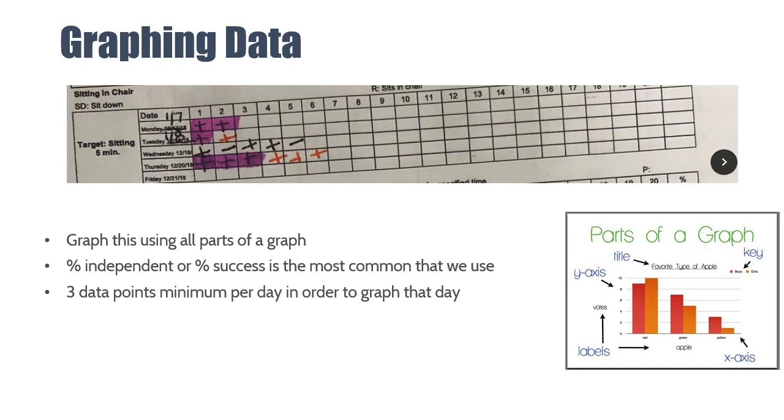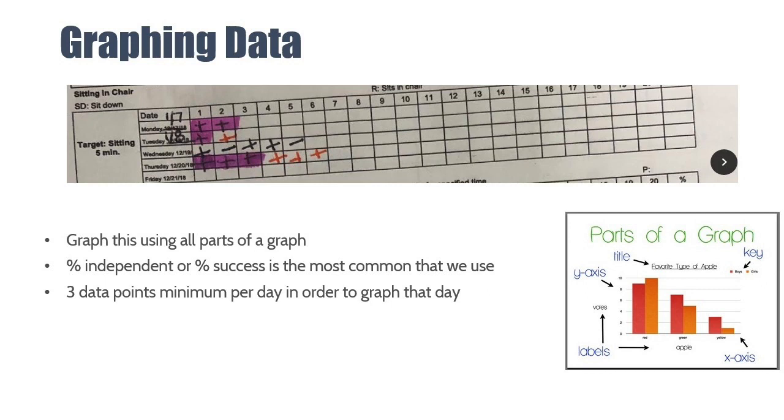The only reason that a bar graph is shown is to show you the different parts of the graph that you need to include on your graph. Also note that each day needs to have a minimum of 3 data points in order to be graphed. This will be important for now, but also when you begin taking data as an RBT, you need to be sure that you run enough trials in order for that data to be analyzed.